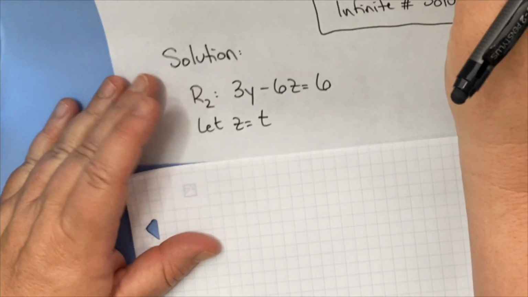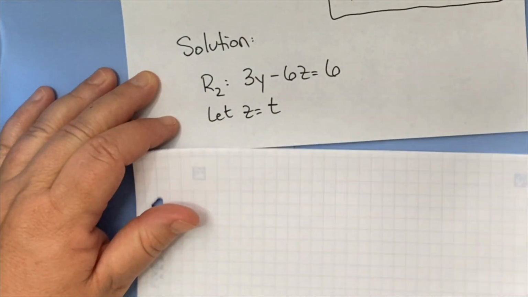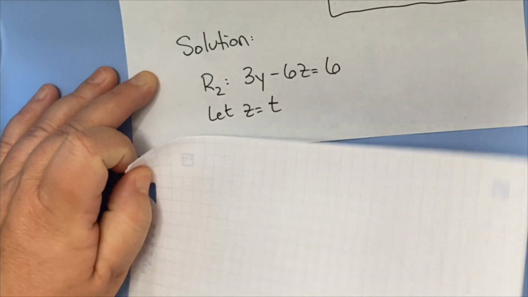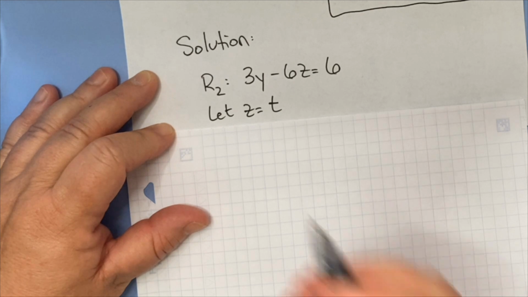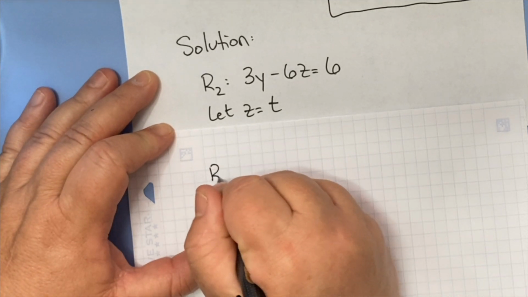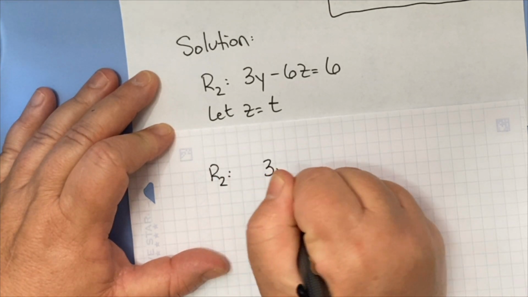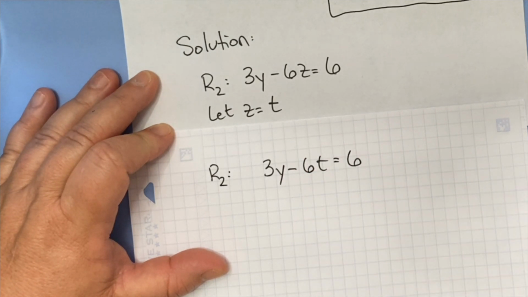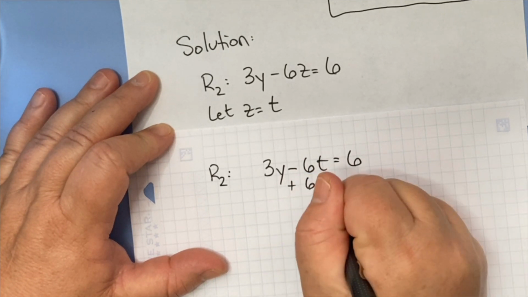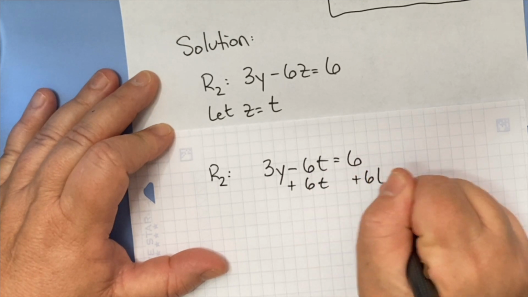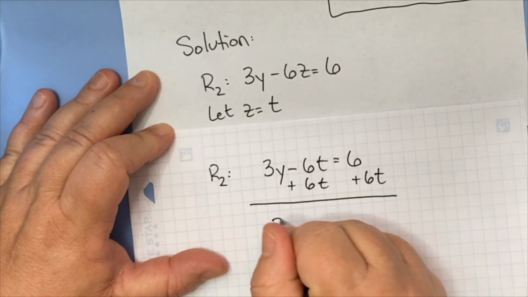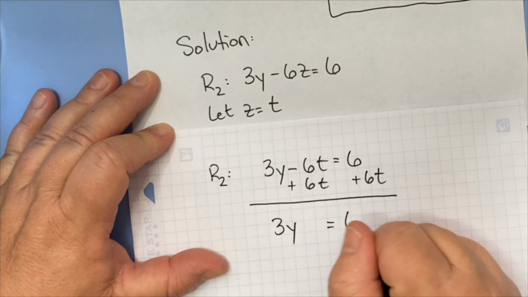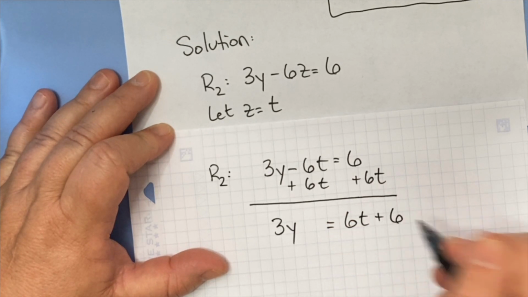So then, I'm going to write that row 2 gives us 3y minus 6t equals 6. I'm going to add 6t to both sides. And I'm going to get 3y equals 6t plus 6.